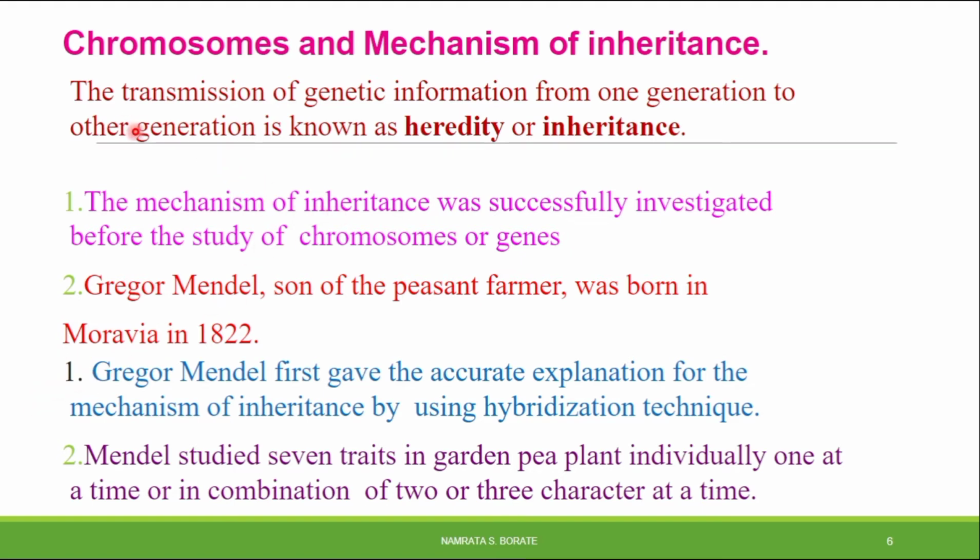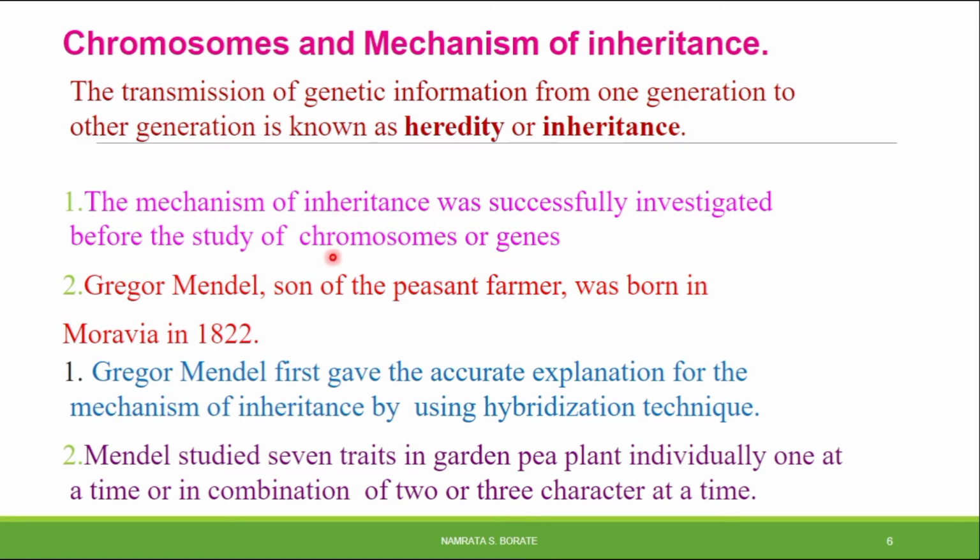This is called heredity, meaning the transmission of genetic information from generation to generation. It is also called inheritance. It is also defined as the transmission of characters from one generation to the next, from parents to offspring.